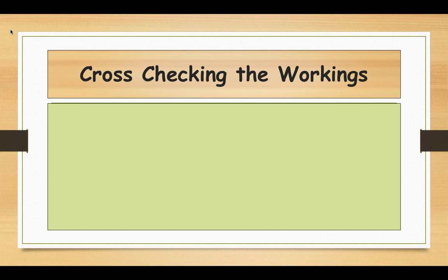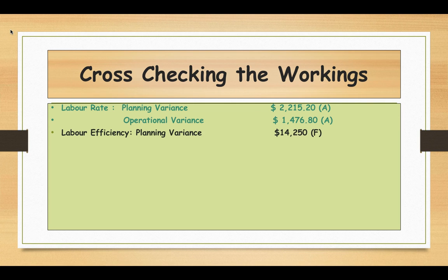One good thing about this standard costing is we can cross-check our workings and see whether we have made any mistakes. So we'll see. If I add all the variances, all the planning and operational variances we have calculated, so we have our labor rate and labor rate operational variance under method 1, and labor efficiency planning variance and labor efficiency operational variances.